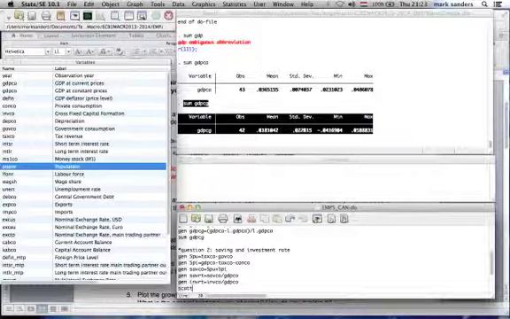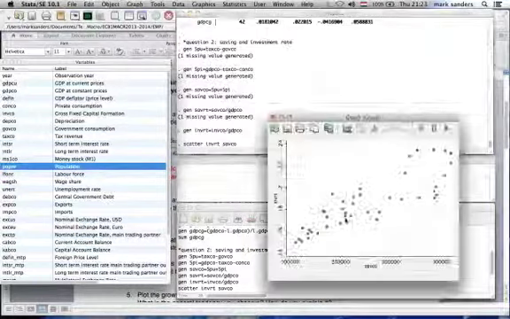And one way to do that is to simply plot them against each other and then see if they're on the 45-degree line. That's one way of doing it. There's not one right way of doing it, there's multiple.